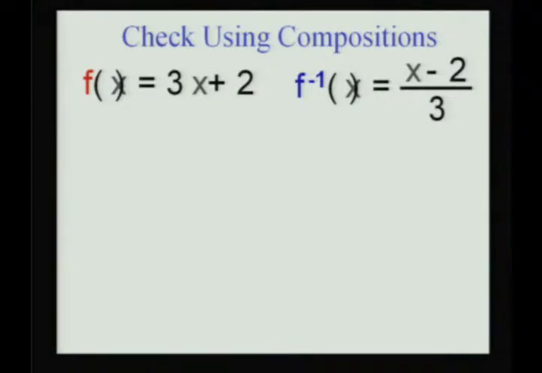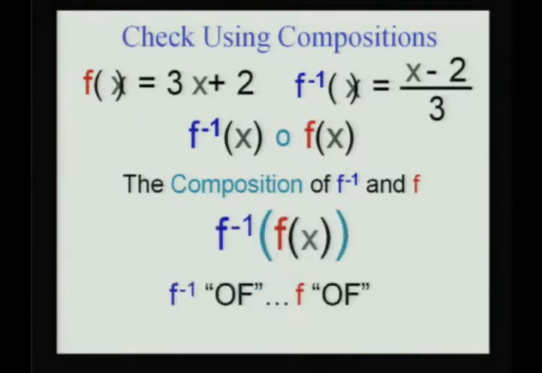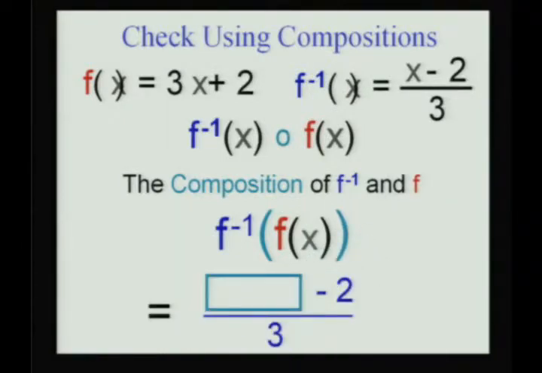Let's try to check this. F composed with F inverse of x. Hopefully, it'll get us back to x. It's called the composition, or composing f with its inverse. How do we do that? Take the inverse function, and in every place you see an x, put the original function, which is 3x plus 2.